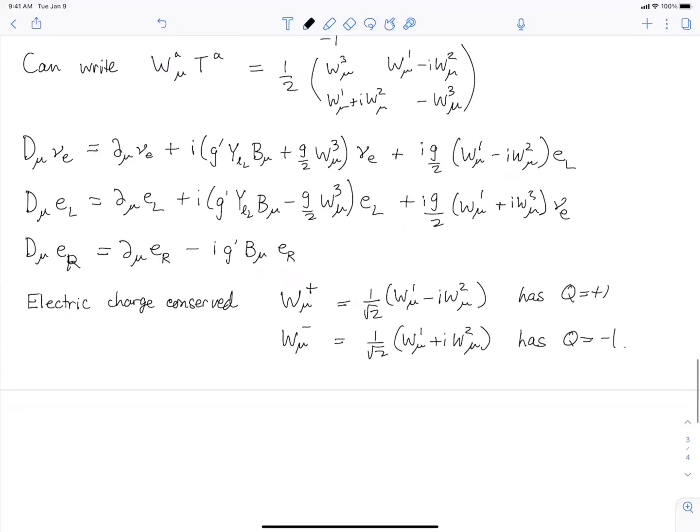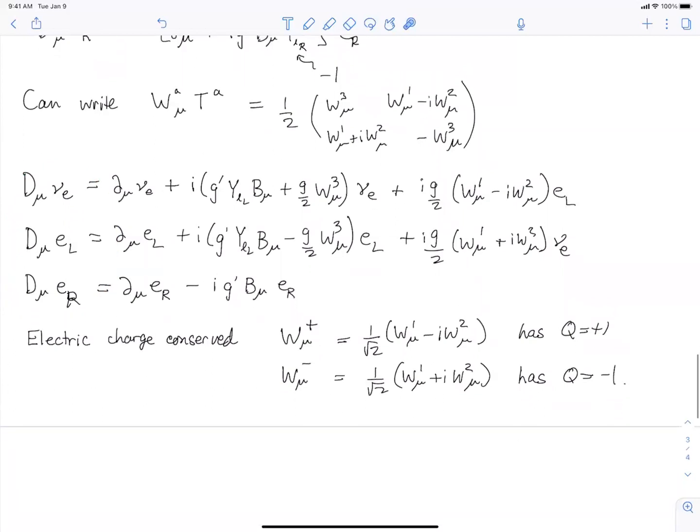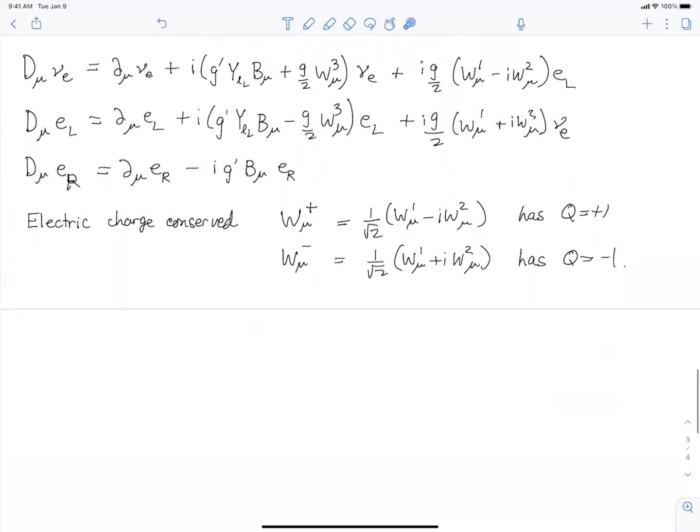Okay, and so now you can put all this together. You can take the covariant derivatives, plug them in where the ordinary derivatives would go in the Lagrangian, and see what you get. I'm going to do this by just writing down that part of the Lagrangian.